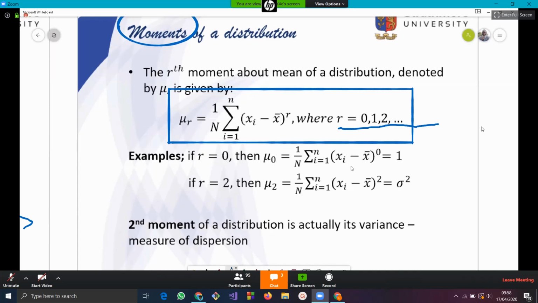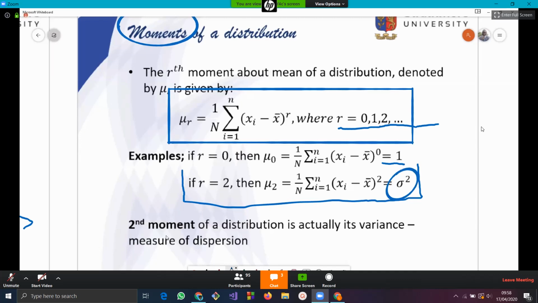So if r is 0, the moment is always a 1. If r is 1, there's a value. If r is 2, the reason why I'm pointing out this one is because it is special. If r is 2, the moment will always be sigma squared. What is sigma squared?